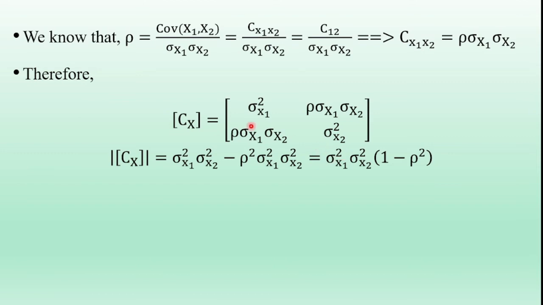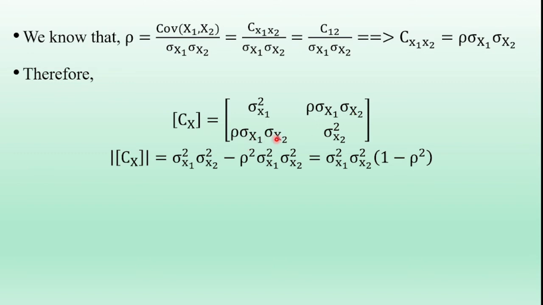In this equation, take the determinant on both sides. So the determinant of matrix Cx is equal to sigma x1 square into sigma x2 square minus rho sigma x1 sigma x2 into rho sigma x1 sigma x2.